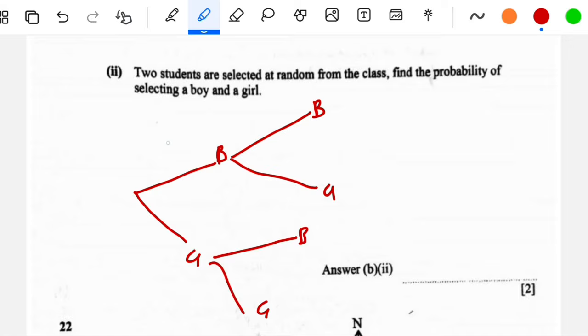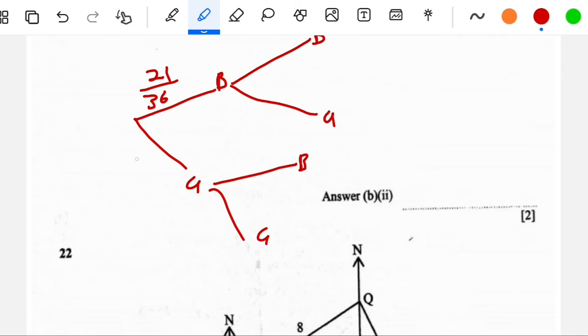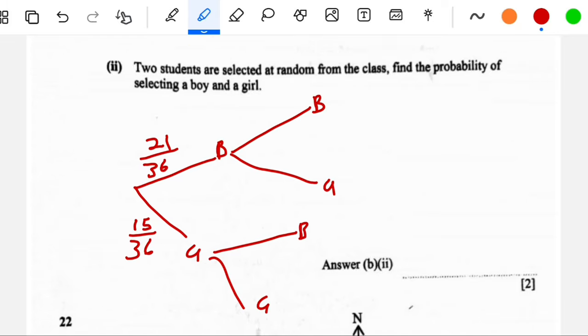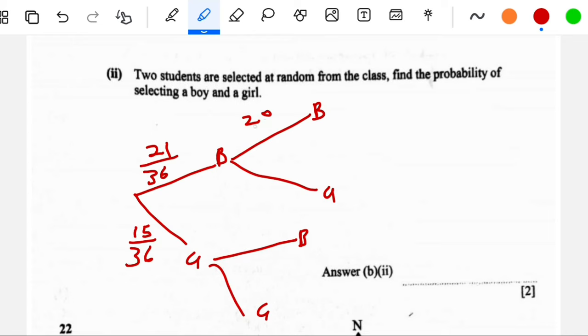Then the probability here, we've got 21 over 36. Here it's now 36 minus 21, which is 15 over 36. Okay, then next we've got 20 over 35.